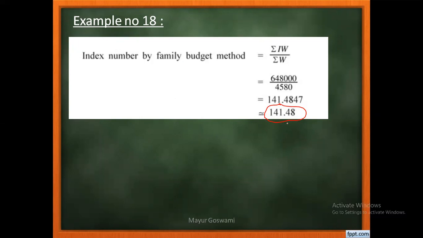Altogether it is 141.48. So what is the percentage increase? 141.48 minus 100 as compared to the base year, 41.48% increase in your cost of living, or in simple words, I would say increase in your expenses, due to inflation.